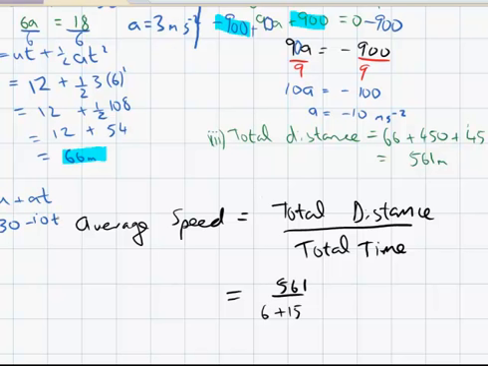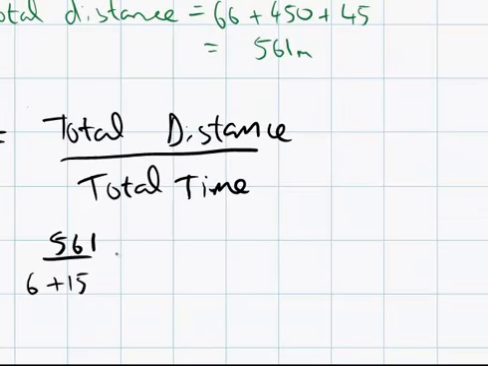So we have minus 10t plus 30 is equal to 0. To solve this, we subtract 30 from both sides, and we get minus 10t is equal to minus 30, and the time works out to be 3 seconds.